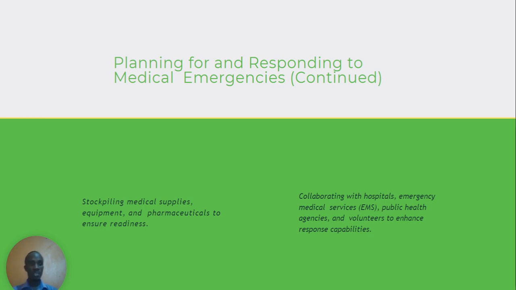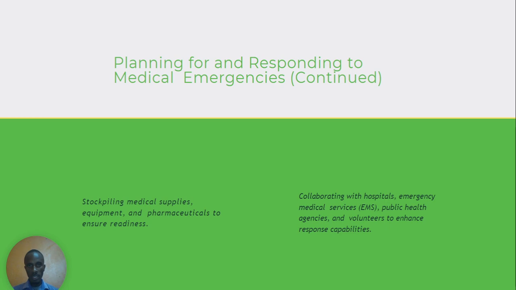Then equipment and pharmaceuticals, all those medications that are going to be used to ensure readiness. So you do stockpiling. You make sure that you have the medical supplies, equipment, and pharmaceuticals, so that you can be ready for anything related to medical emergencies.